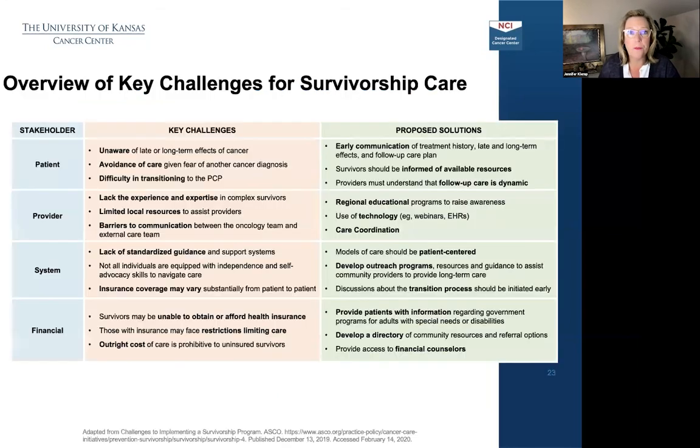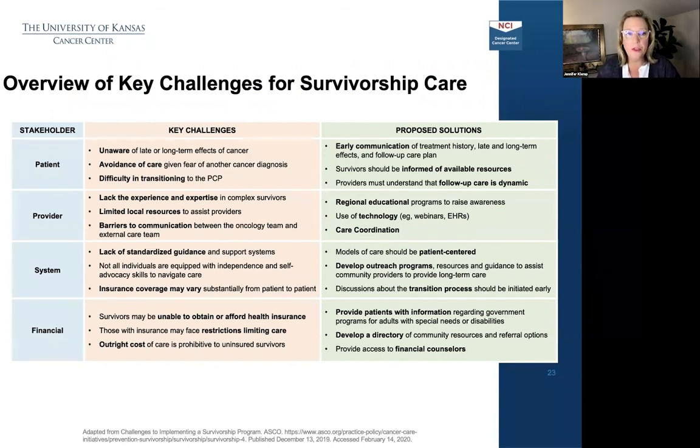This is a list of those final key stakeholders and challenges, based on the key stakeholders we have, from patient to provider to our system to the organization. What are the challenges and how do we tackle those?